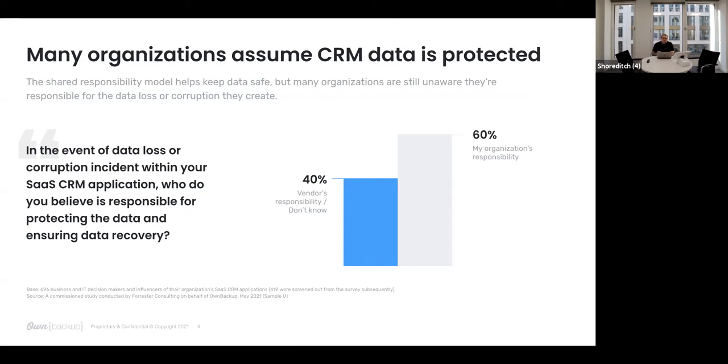What is interesting is that 60% of the people we speak to believe it's their organization's responsibility to look after their data, make sure that it can be backed up and recovered, under what is known as the shared responsibility model between the customer and Salesforce. But what is also interesting is that 40% in the market today that have a SaaS application believe it's the vendor's responsibility, or actually don't know the answer. And that's quite shocking when you think about it.